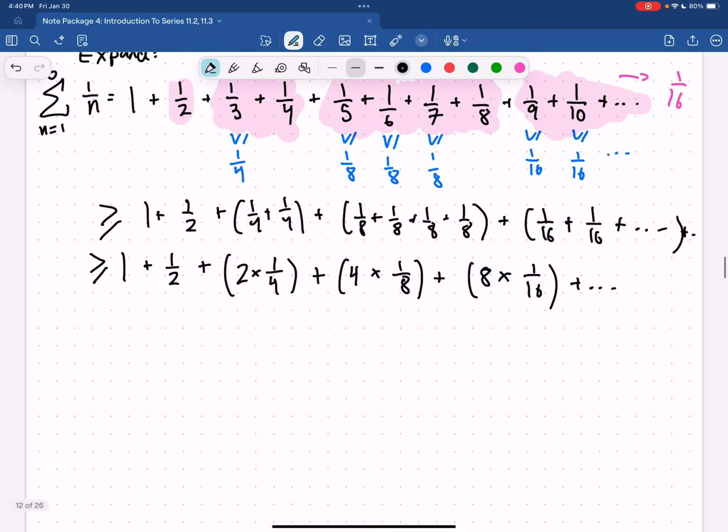And so the effect is, if we look at what we have here, we've got 1 plus 1/2 plus 1/2 plus 1/2 plus 1/2. We're now basically just adding infinitely many 1/2s to itself, right?